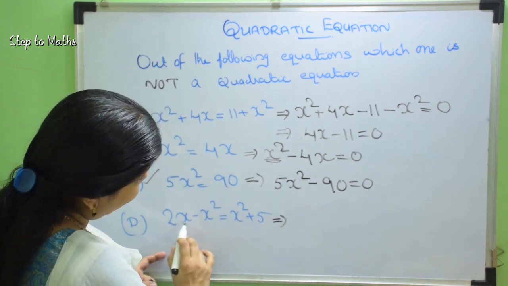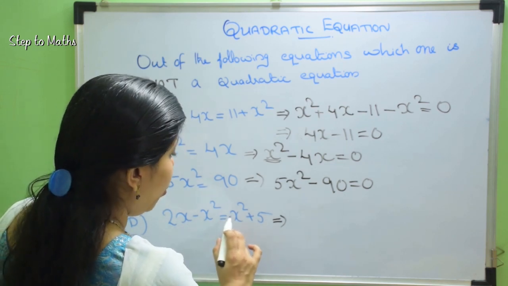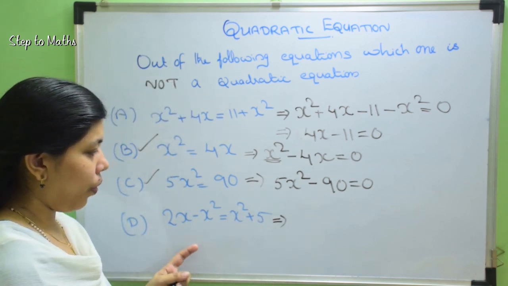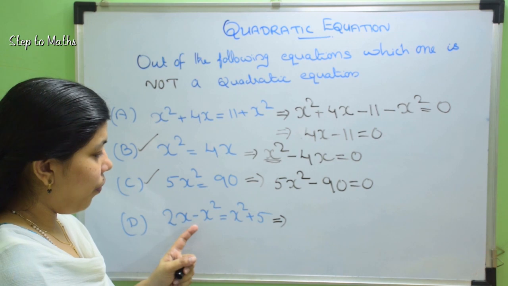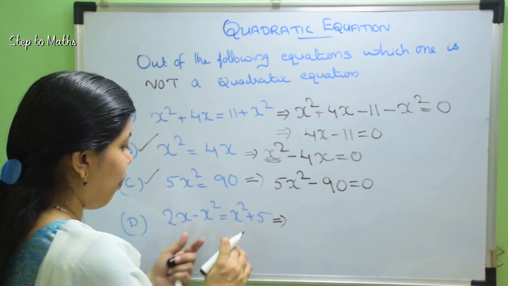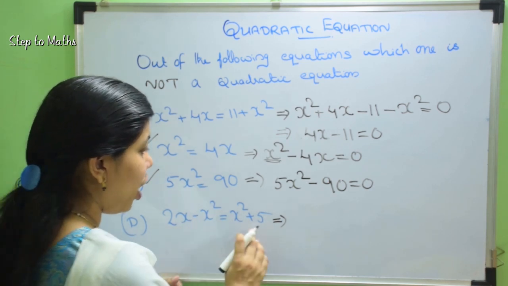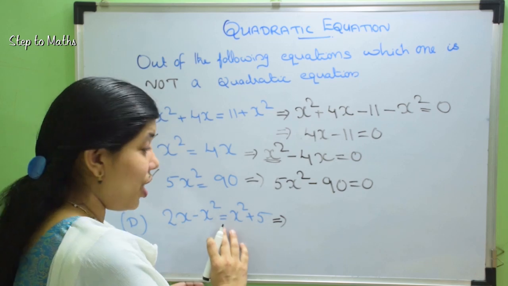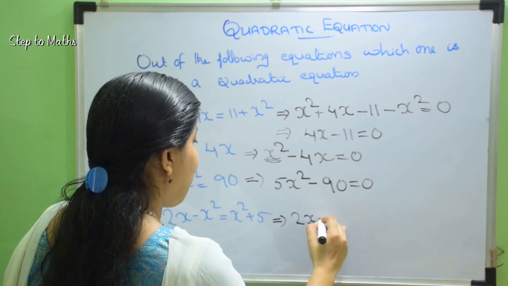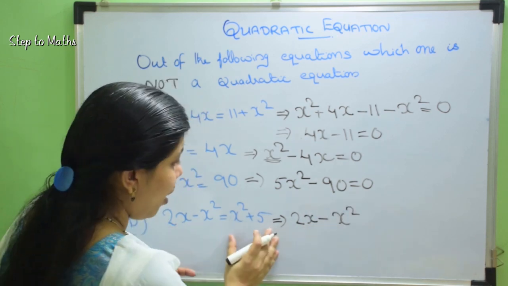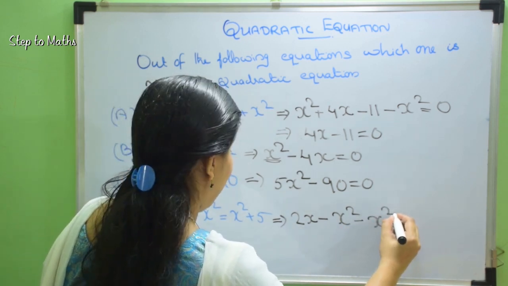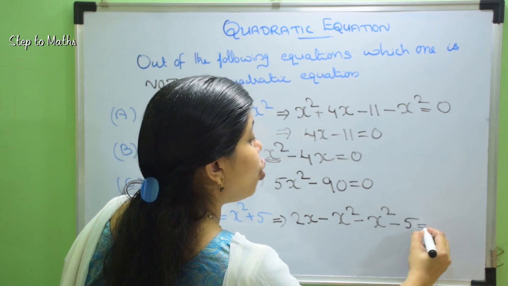Consider this one, 2x minus x square equal to x square plus 5. Here sometimes we have a tendency to cancel these two x square, but this is minus x square, and if we rearrange this equation, it becomes 2x minus x square, and the terms on the right hand side become minus x square minus 5 equal to 0.